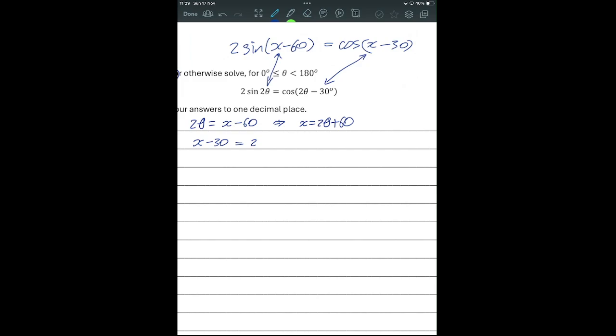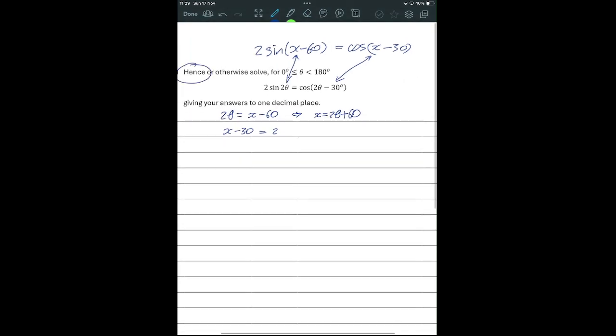The sign's off. Oh, the sign seems to be off. But x minus 30 will be 2 theta plus 30, which isn't what we have.